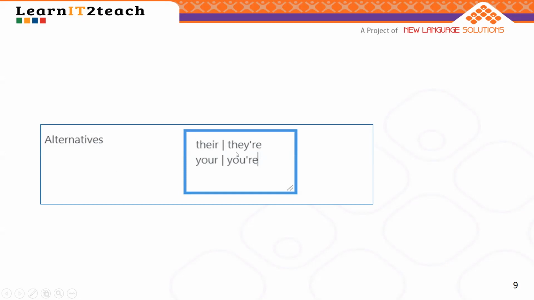To avoid this kind of misinterpretation, the two words can be listed in the alternatives text box separated by this little pipe character. The pipe character can be found on your keyboard, and usually if you hold the shift button and hit backslash, you can find the pipe character.